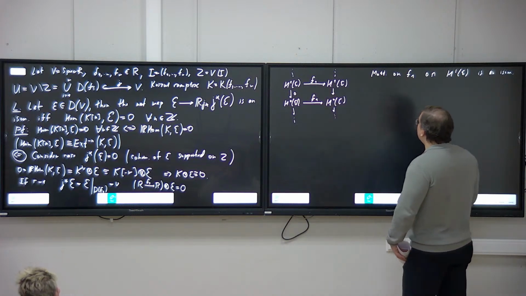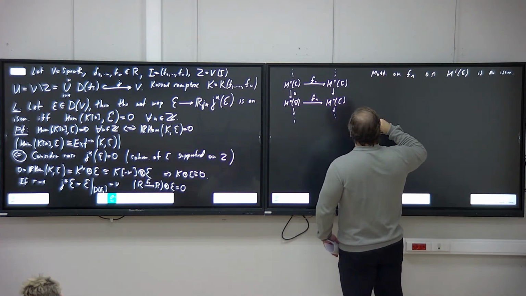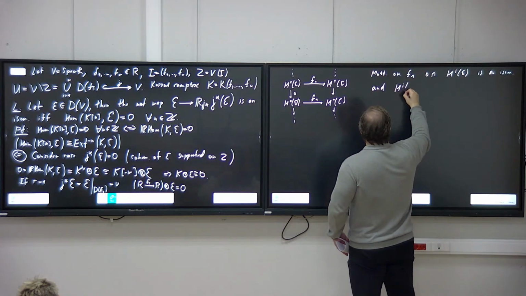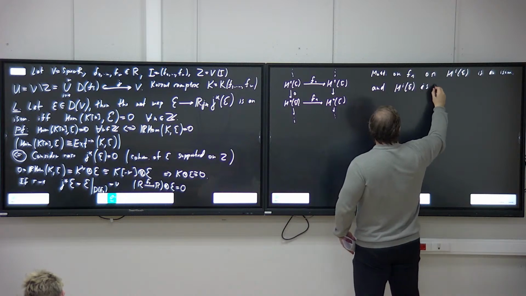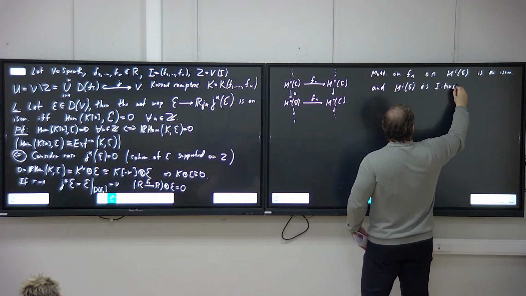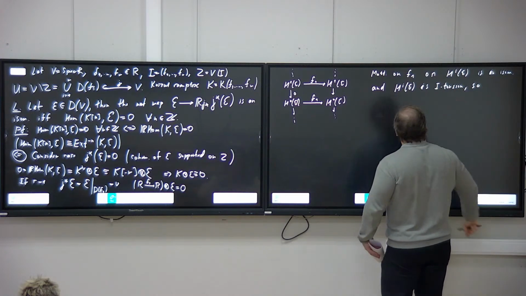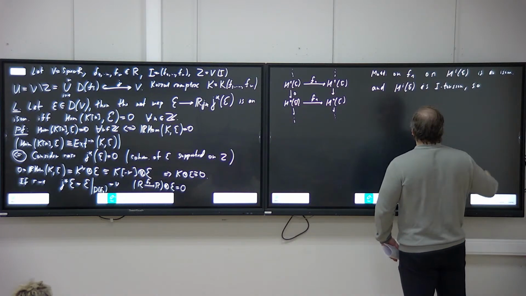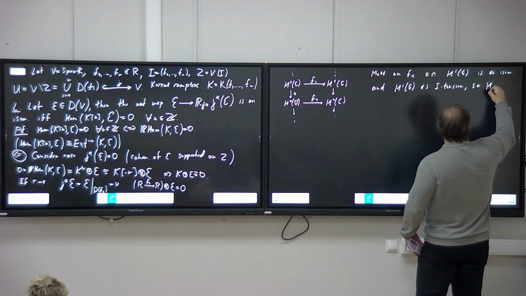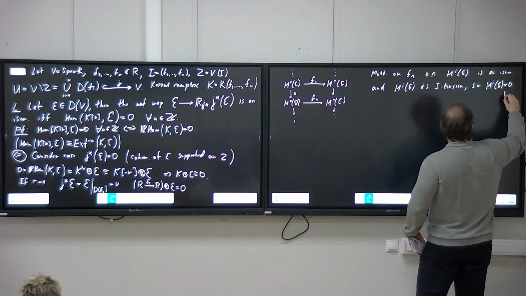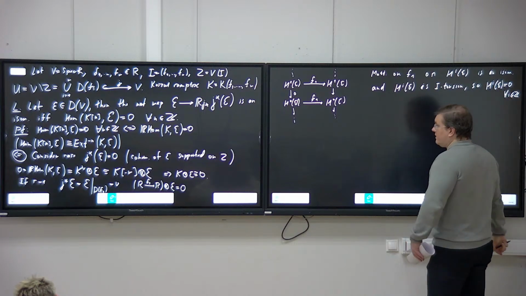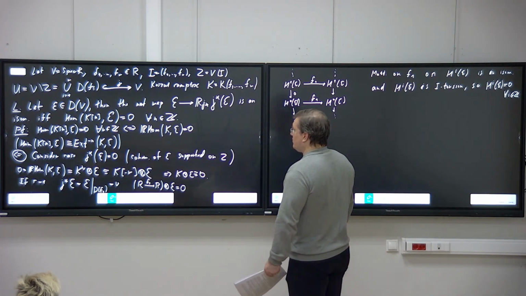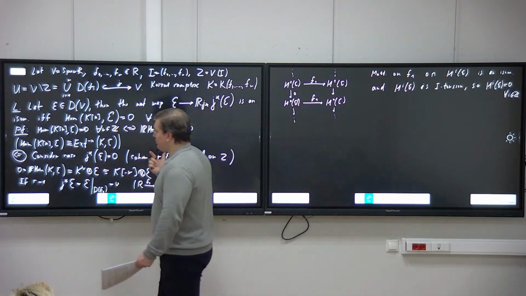This is only possible if the cohomology is 0. So H^i(E) is 0 for any i.